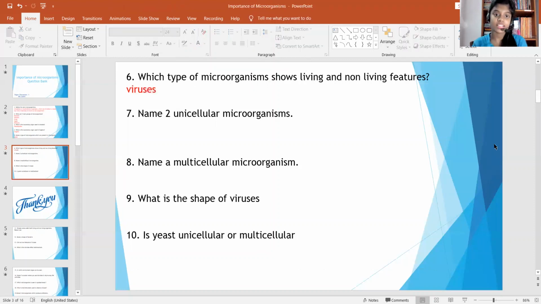Children, these viruses are non-living organisms in a normal environment.